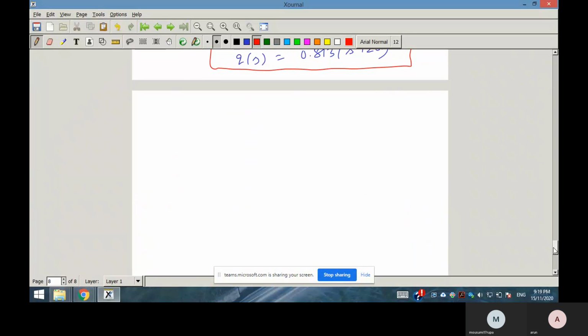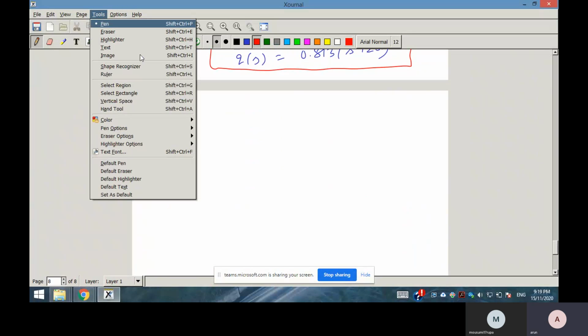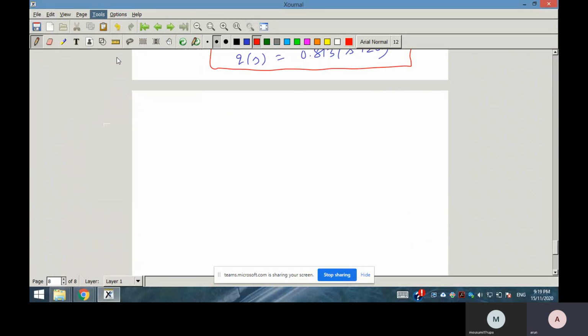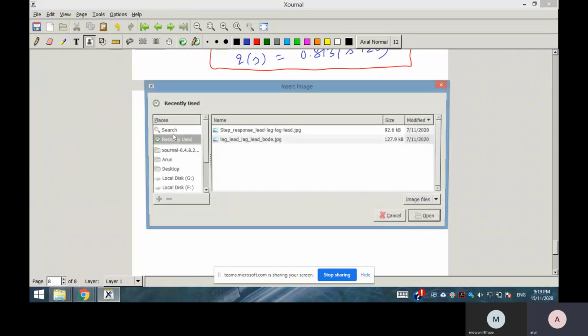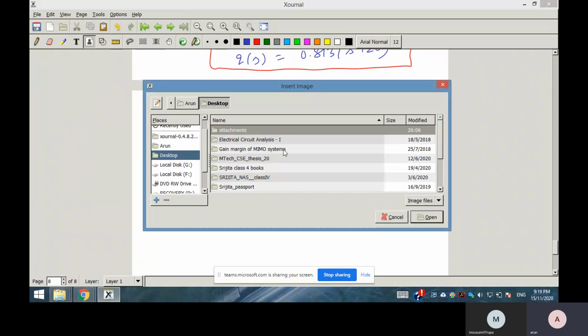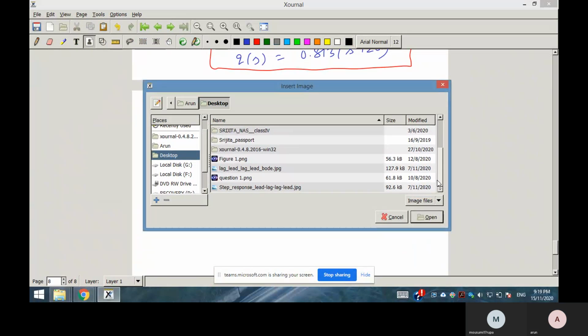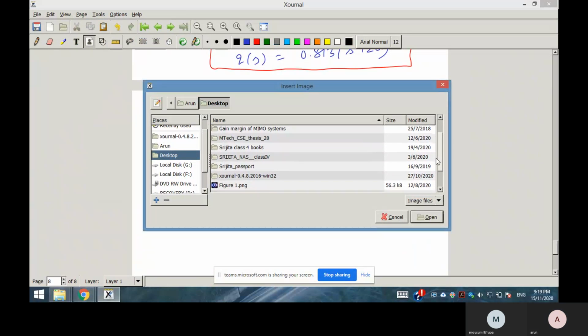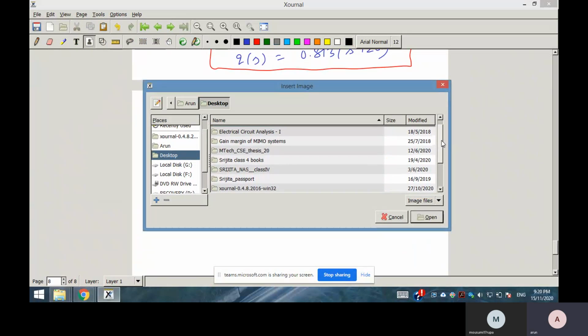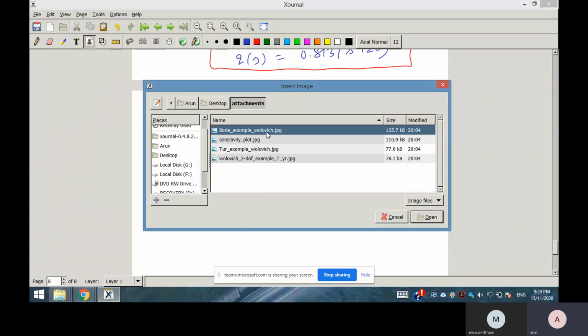First I will attach the image. And then desktop, where will I go? Where is the attachment? Yes, this is the attachment.